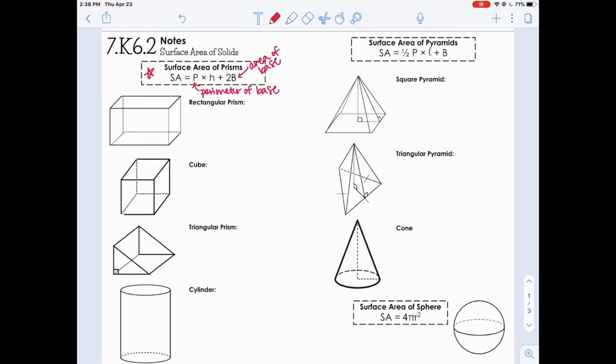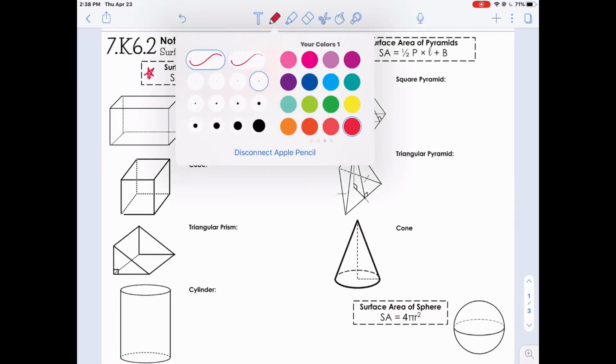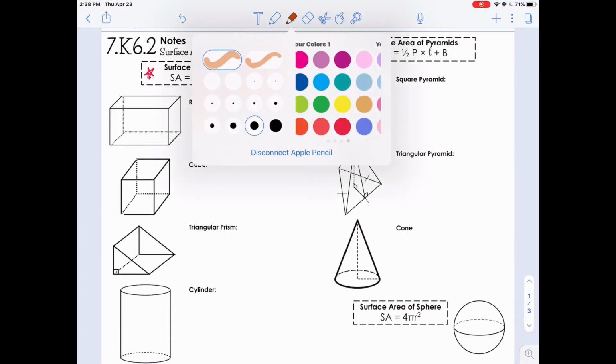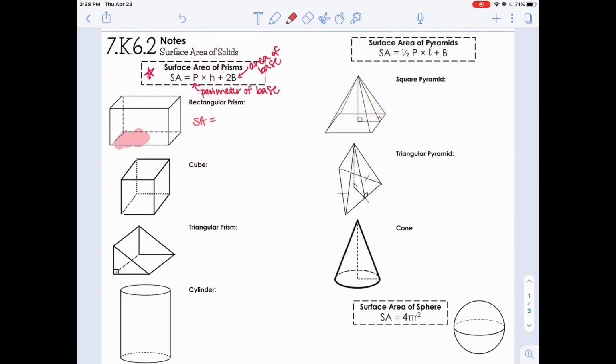So let's jump right in. I'm going to be giving you the specific formulas to use, and then I'm also going to be labeling the prisms as we go, just like before. So first, let's take a look at rectangular prism. I know it's rectangular because it has a rectangular base. There's two rectangles that are the exact same size.